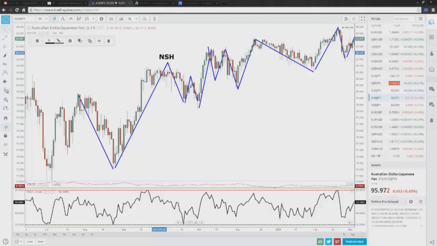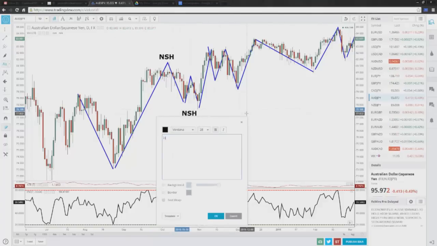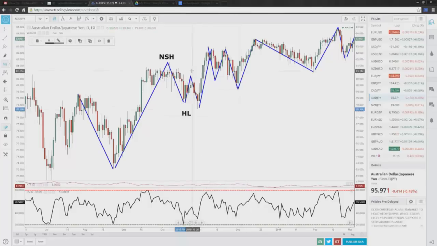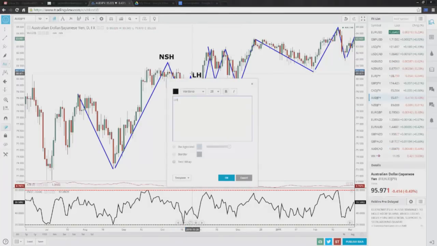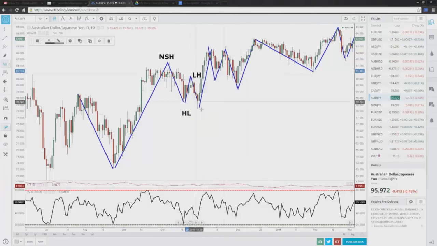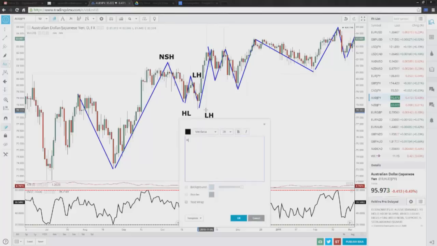This is a, where's my tool here? Higher low, lower high, retest.